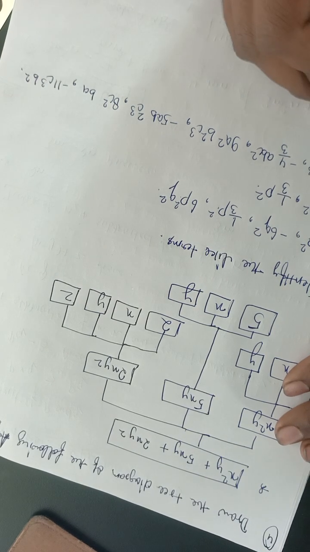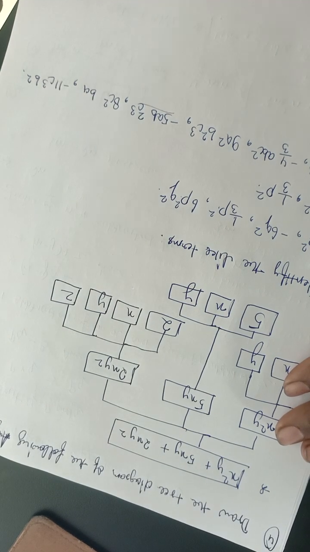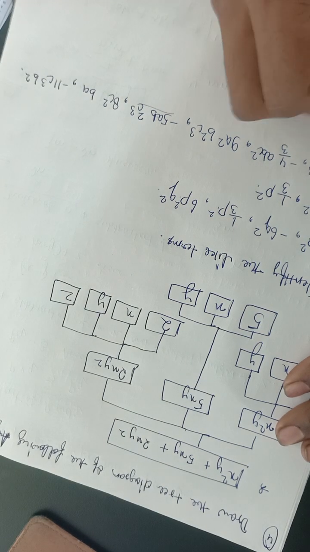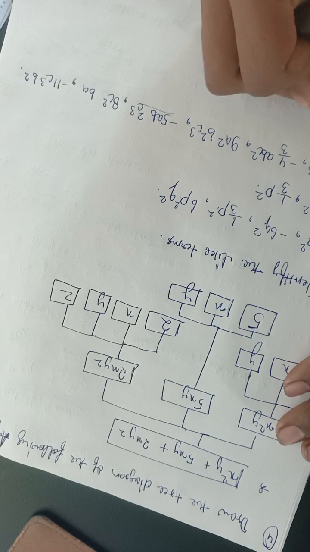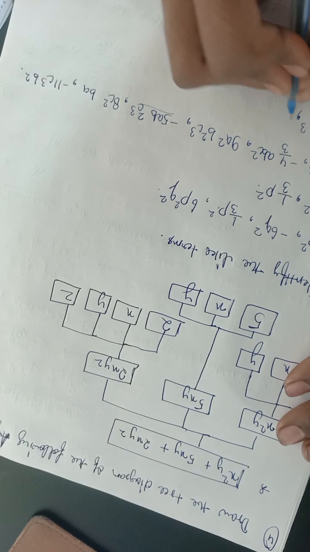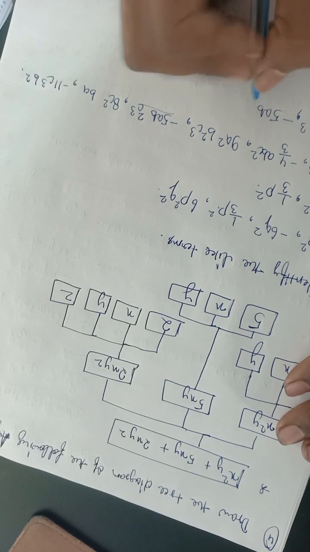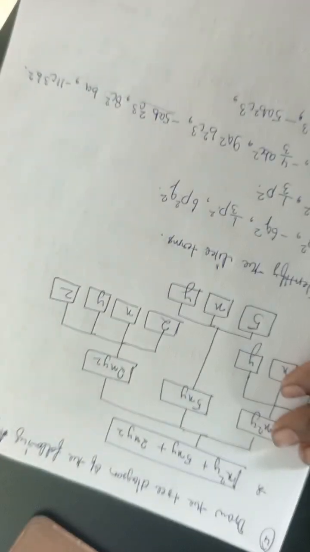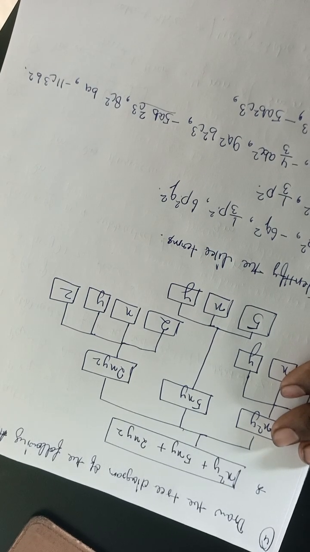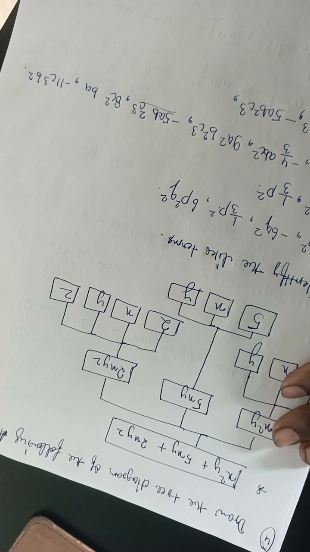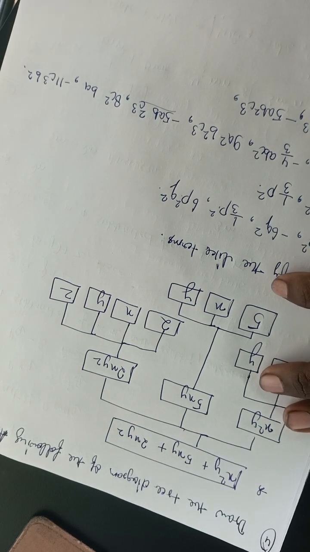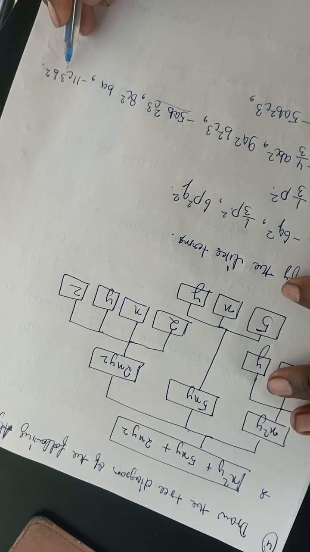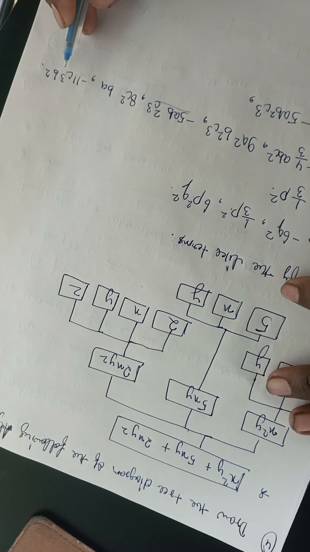Here it is a to the power 1 and here also a to the power 1, so we get two like terms: ab square c cube as the first term and minus 5 ab square c cube as another. Then search for the next term, c cube and ab square.